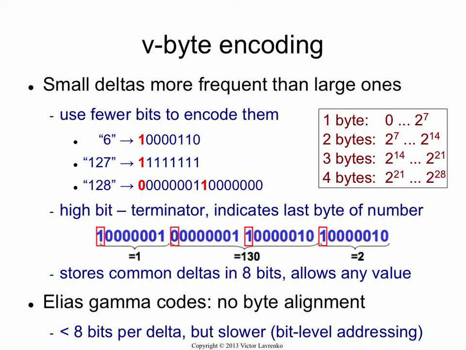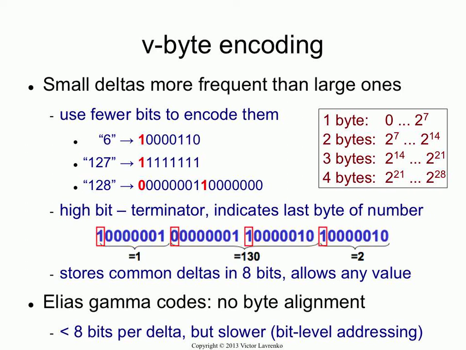And then when you get a big number, yeah, you take a hit and you represent it with multiple bytes. So this is a data structure that allows you to pack lots of small numbers into small bit counts, and then use bigger numbers for the big deltas.